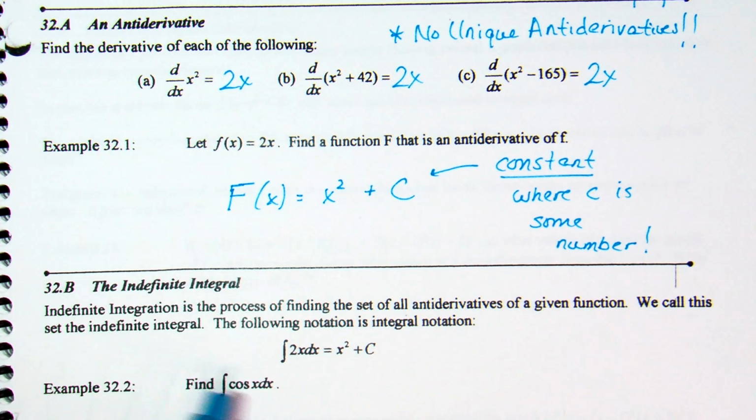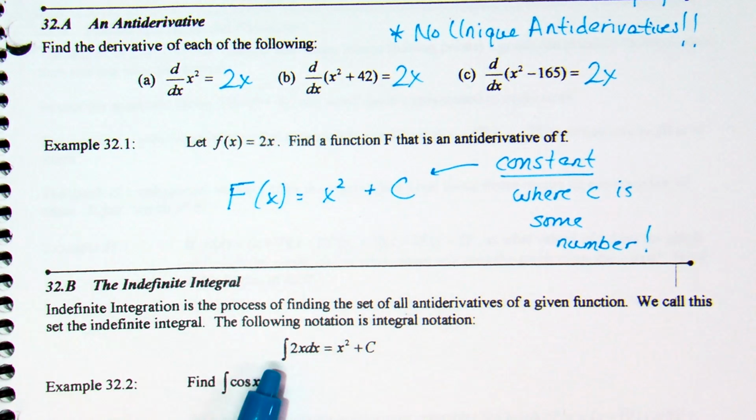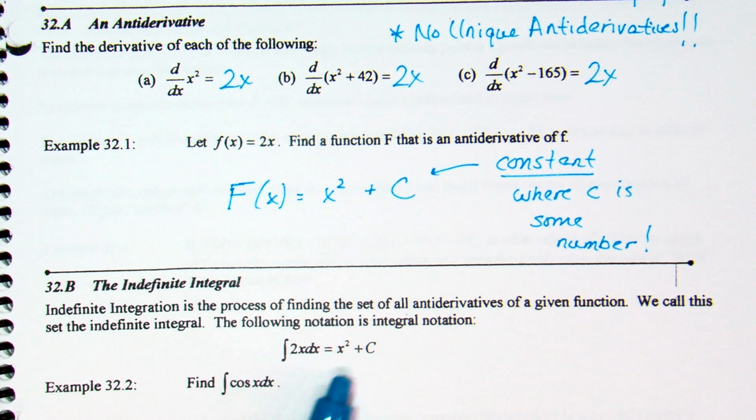So if you see this little curlicue thing, right? I don't know, give me a better name for it, I'll go with it, but this is the integral symbol. It's saying to do the integral of 2x dx, you want to do the antiderivative. And what did we already say the antiderivative of 2x is? X squared.